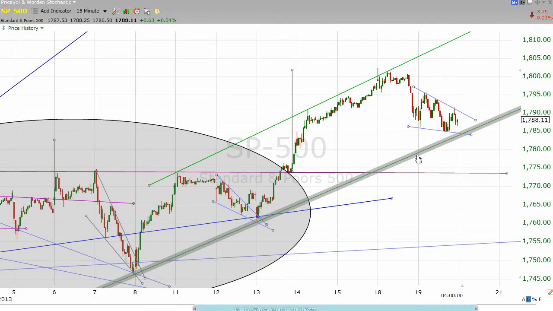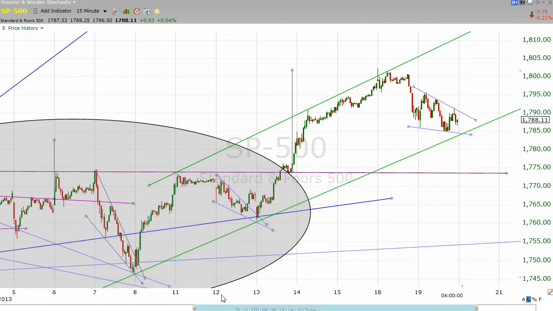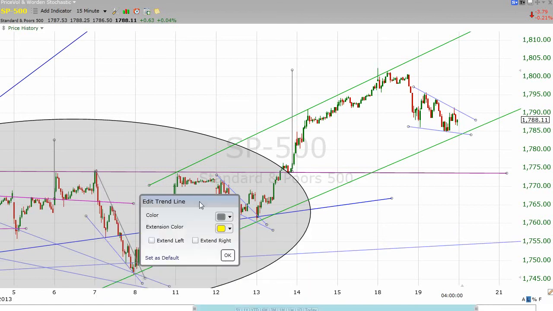I want to show you that the last two times we got a tag on this lower line, it came after the S&P produced a descending wedge. Let me make those lines blue because that's the way I usually do my wedges.